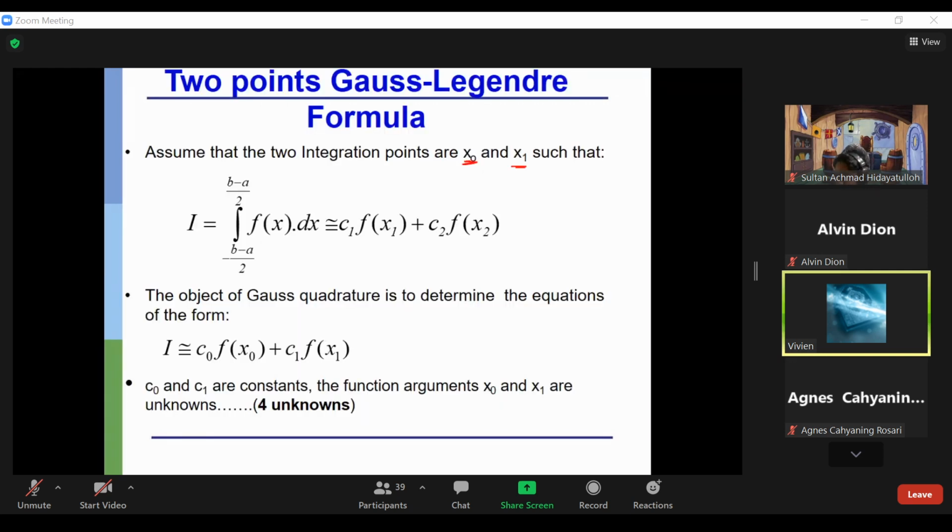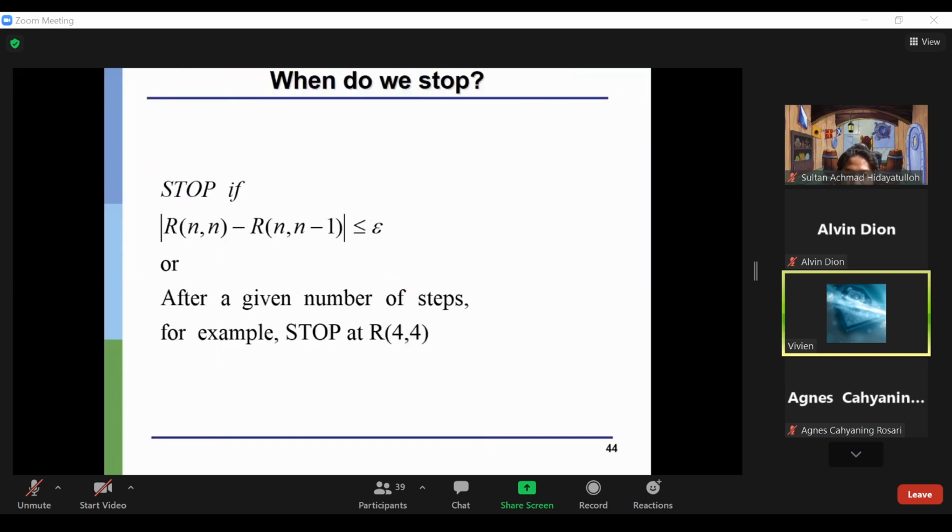So for the integration in this course, there will be 4 methods that are discussed.